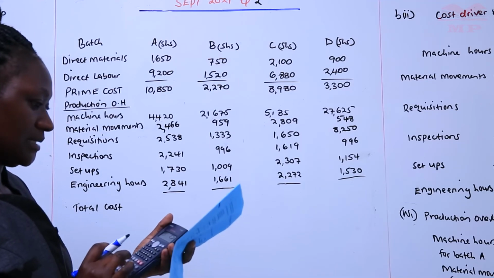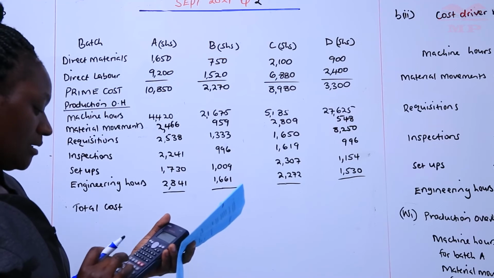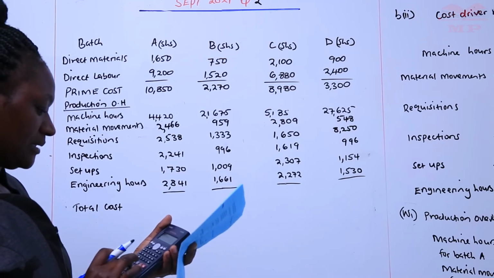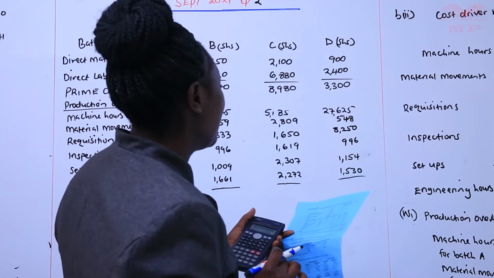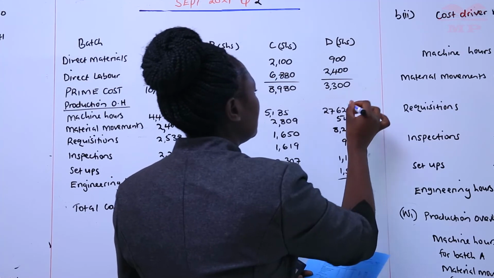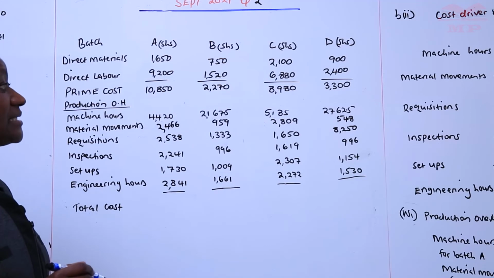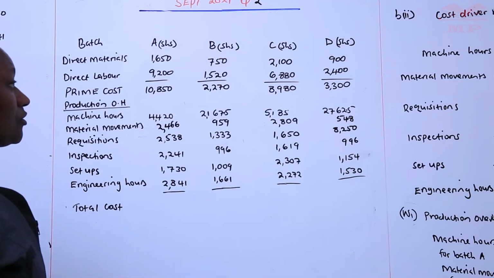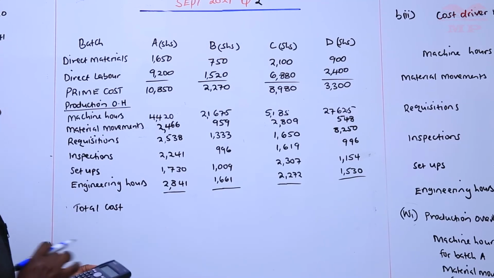And the last one is batch D, which is 325, 8.5 times 325, which will give us 2,762.5. So not 27, but 2,762.5. So those are the corrections that you should make. Then from there, we can just get the total cost.